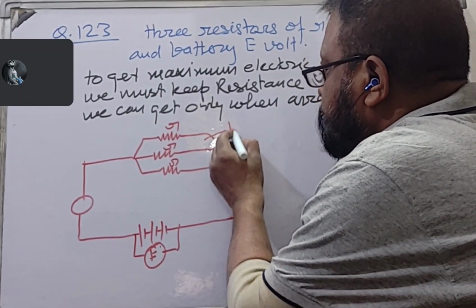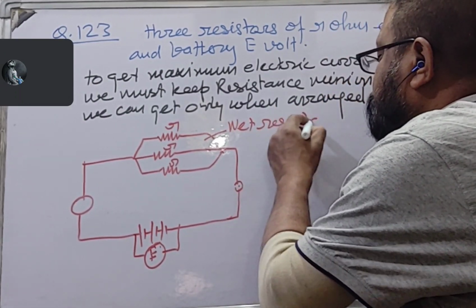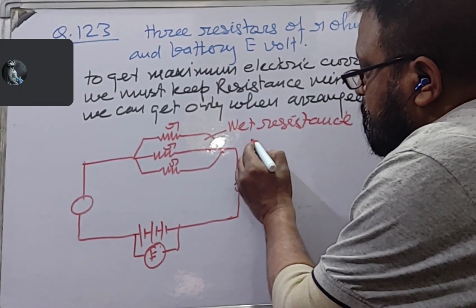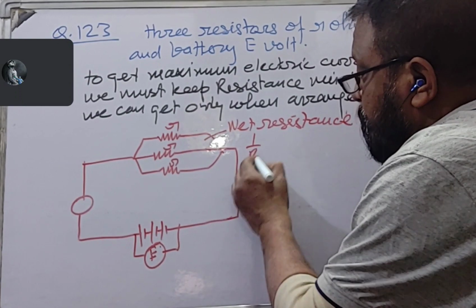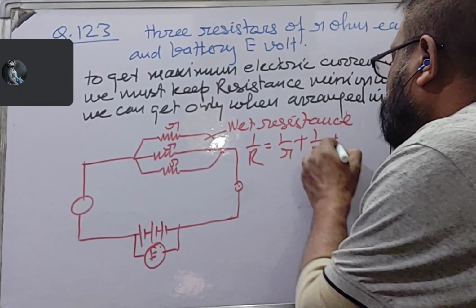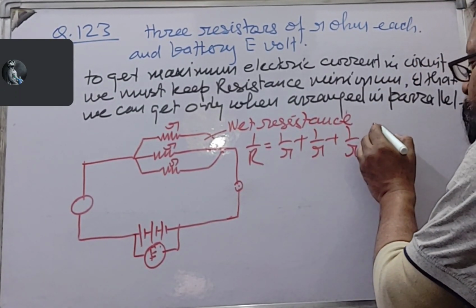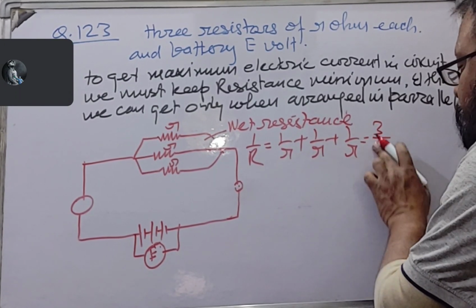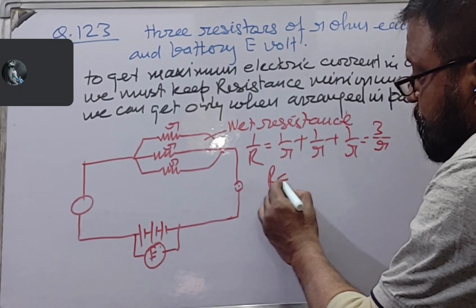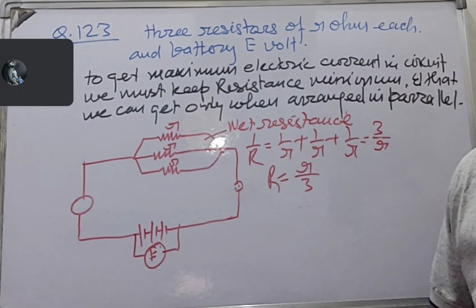So net resistance: 1 upon capital R is equal to 1 upon small r plus 1 upon small r plus 1 upon small r. So it becomes 3 upon r. So net resistance is equal to small r by 3, right?